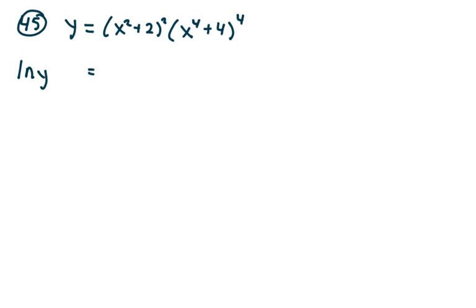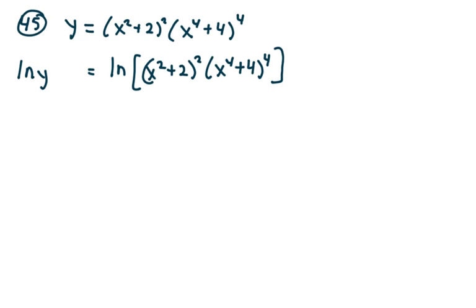So natural log of y is equal to natural log of (x squared plus 2) to the second times (x to the fourth plus 4) to the fourth. Now, recall that the derivative of natural log of x is 1 over x.